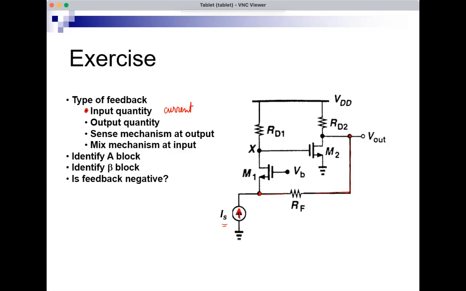Output quantity, well, again, looking at the circuit, we're identifying V out here as the output quantity, so voltage.